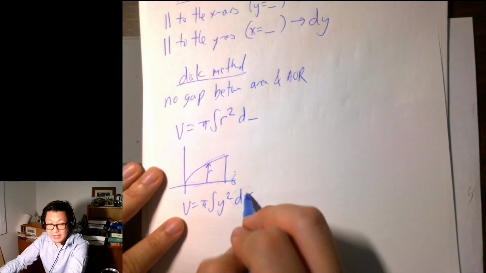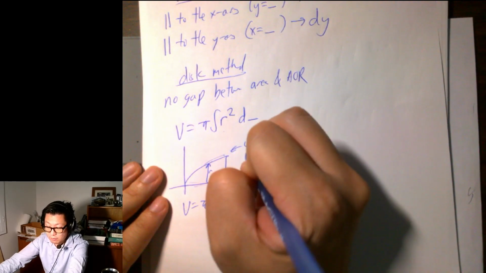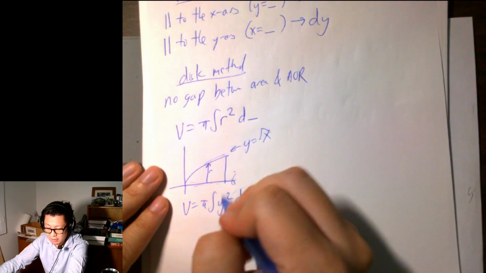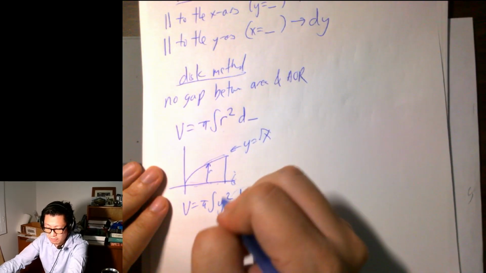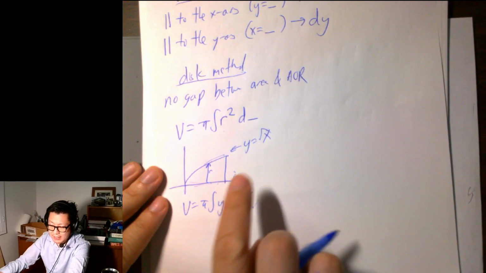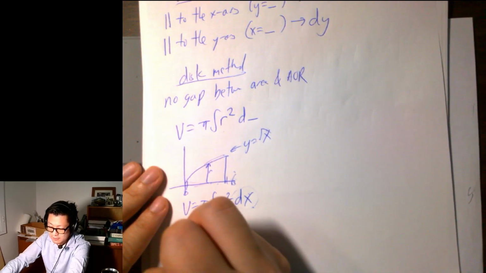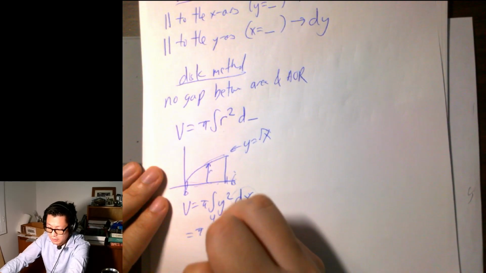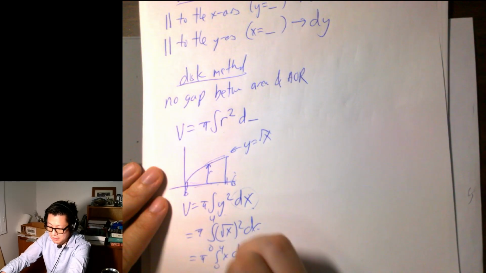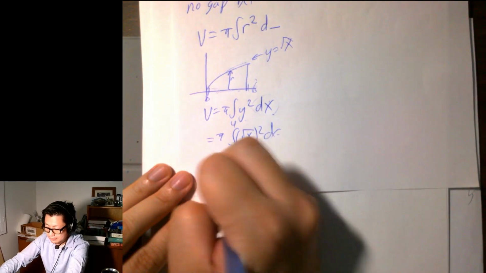Now, because this is dx, I have to get my volume in terms of only x, so then I would use the fact that y equals square root of x and substitute for y here, substitute my r for whatever my r is in terms of y's, and make them in x's. And as a consequence, I'm using my bounds in x. So because I'm going from 0 to 4, this is going to be a pi integral from 0 to 4, square root of x squared dx. And then I continue.